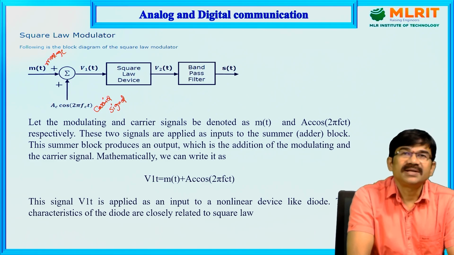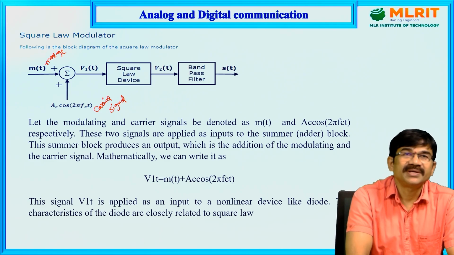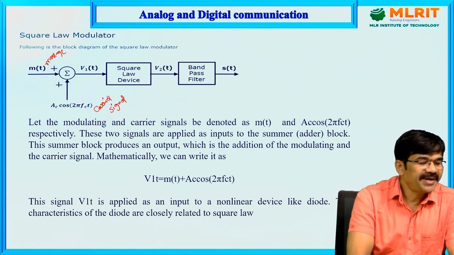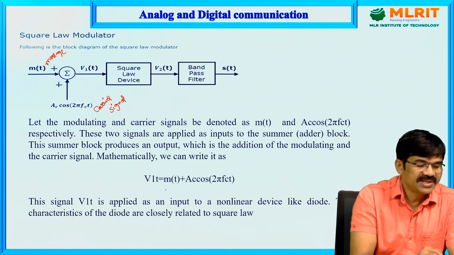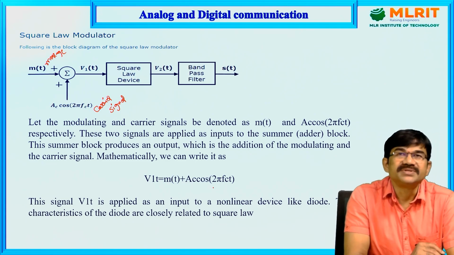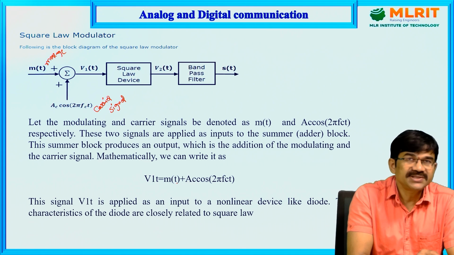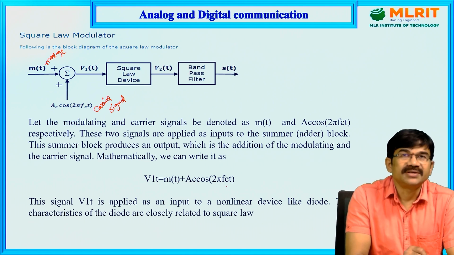Both are applied to the summer. The summer adds the two signals, and the added output we represent as V1 of t. V1 of t is M of t plus Ac cos 2 pi fc t, the modulating signal plus the carrier signal.